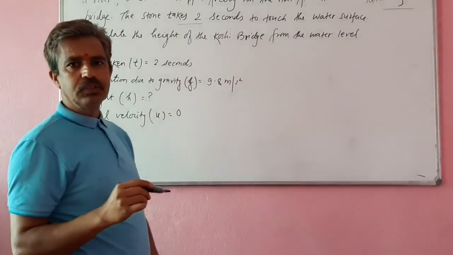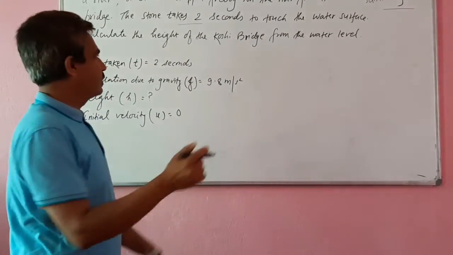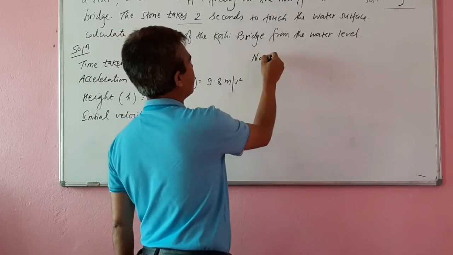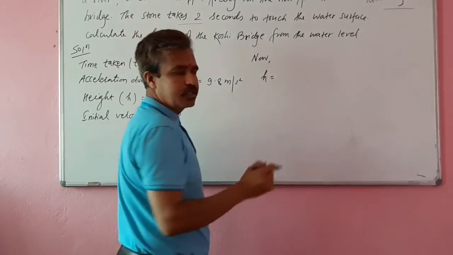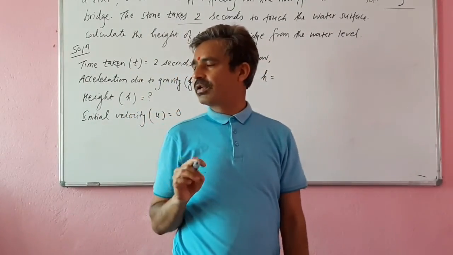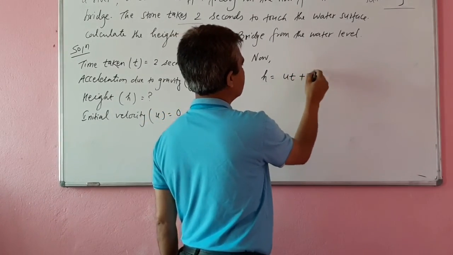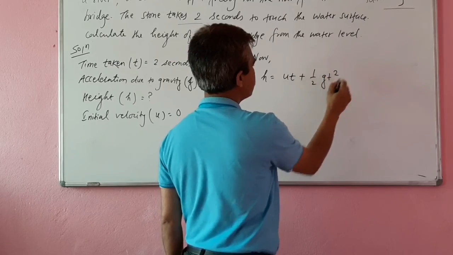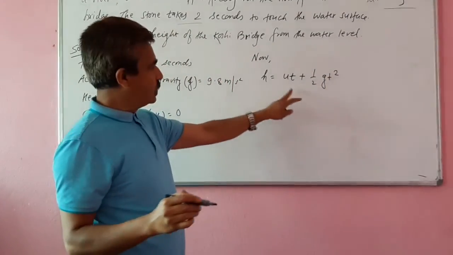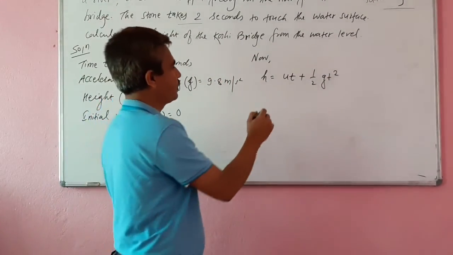U equals how much? 0. Now, what is the formula of h? Very easy. Ut plus half gt square. h equals ut plus half gt square.